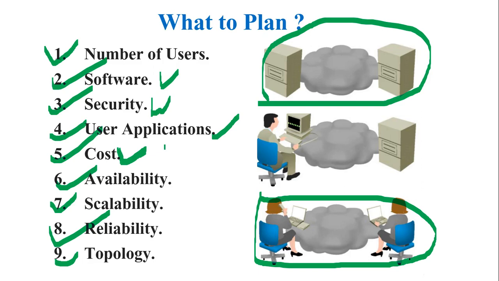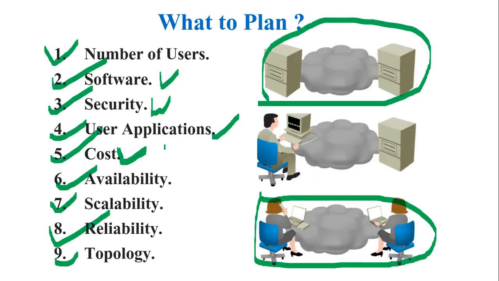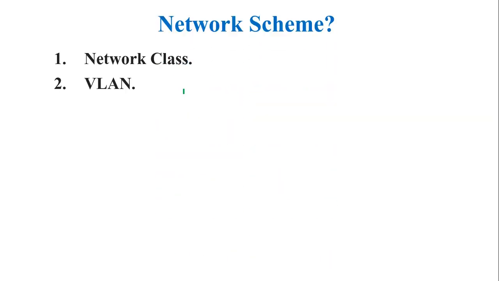Now guys, here is the network scheme. So you got the situation: you analyzed how many users you have, how many servers you have, you understood the security points and what you have to do. Now you need to define a network also. Network scheme here, what does it mean?